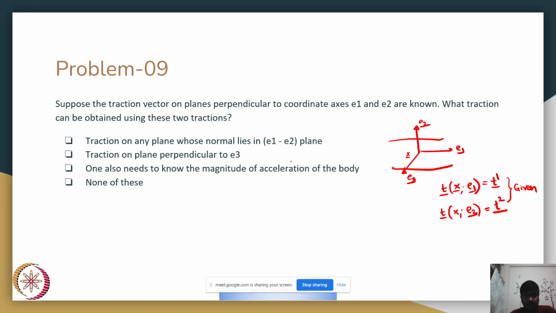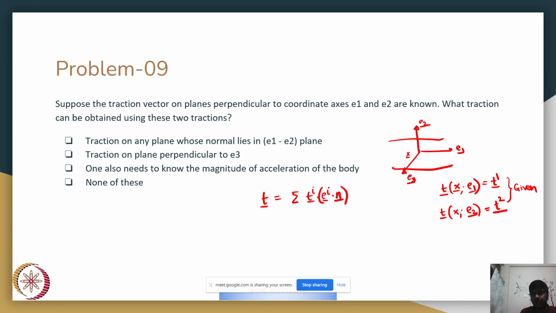Okay, do you guys remember this formula for traction? Summation Ti times Ei dot n.